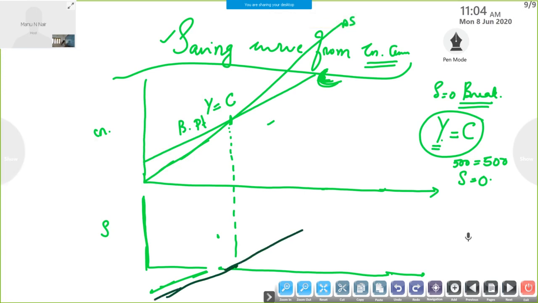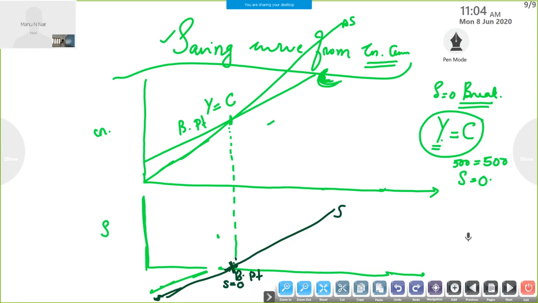This is our saving curve. So we derived it. Here we are getting one break even point, that is s is equal to 0.